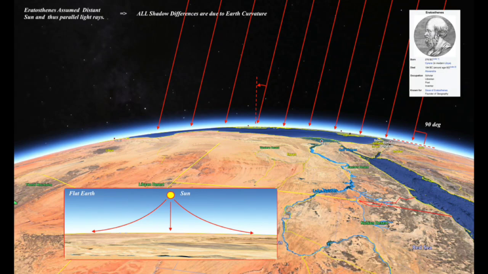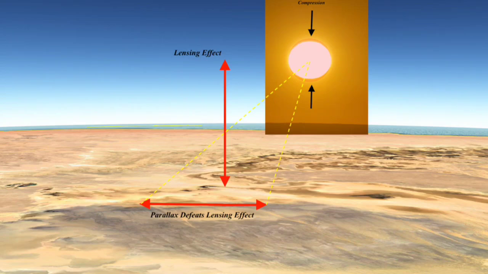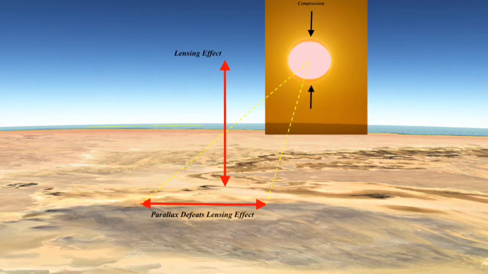So, as you can see, the other extreme is the flat earth. Okay, but is it really an extreme? Yeah, makes you wonder. Using parallax, we can calculate the true distance to the sun, and there's obvious lensing going on. Incredible stuff, folks. We can defeat the lensing effect with parallax, folks. You see, the lensing effect occurs in the vertical dimension, as we can see from the sun.